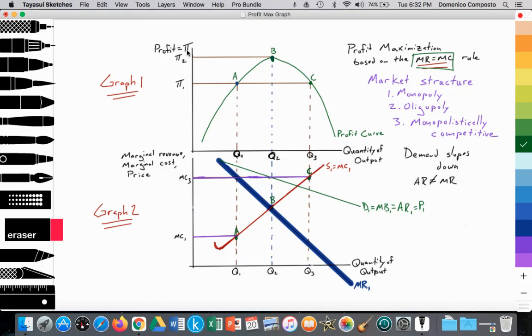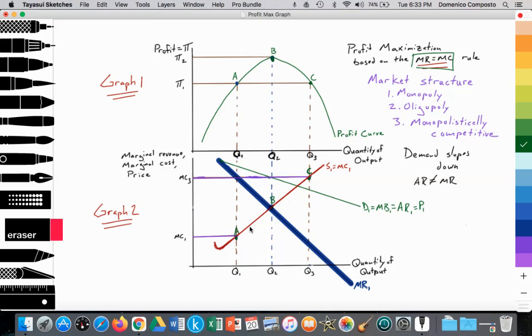Profit is equal to pi, the symbol for profit in economics. On the x-axis, we're measuring the quantity of output. In graph two, we're measuring revenue, costs and prices on the y-axis, more specifically looking at marginal revenue and marginal cost, as well as price, and we're looking at the quantity of output produced by the firm.